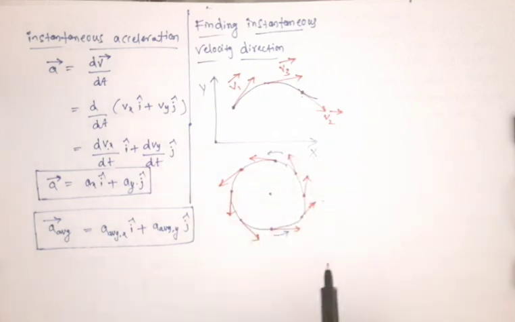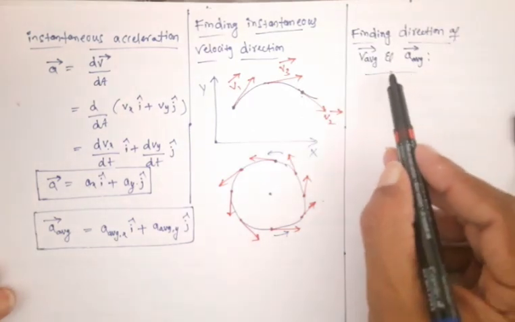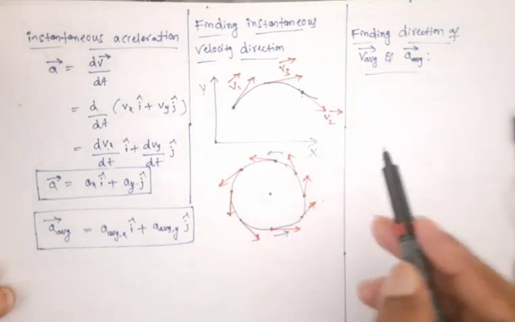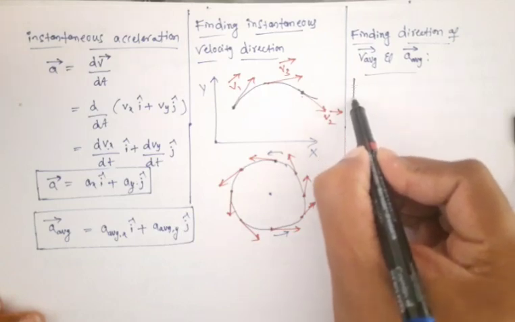So this is the way we find the direction of the instantaneous velocity vector at a point. Now let us see how we find the direction of average velocity and average acceleration. Just now we have taken this example, and again let us take the same example.